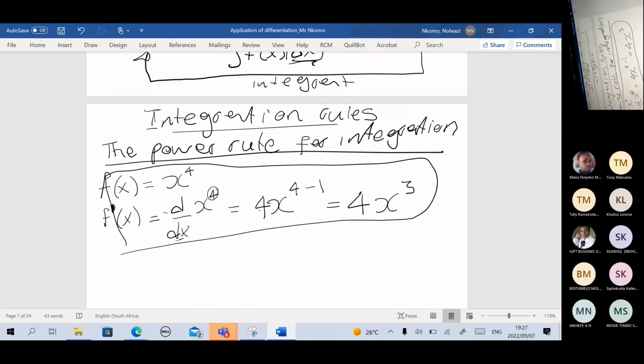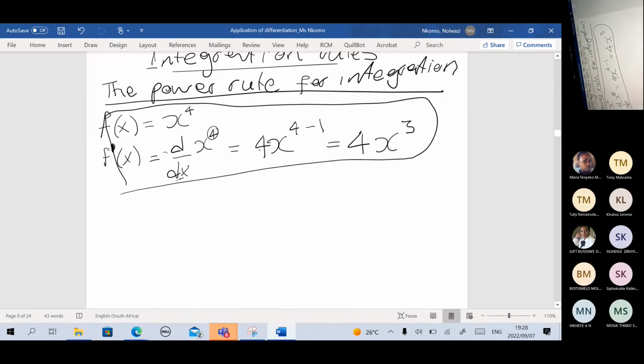Now, we said integration is the reverse process of differentiation. So the power rule for integration would be the reverse of the differentiation. The operator to get this 4x cubed would be the reverse of this.